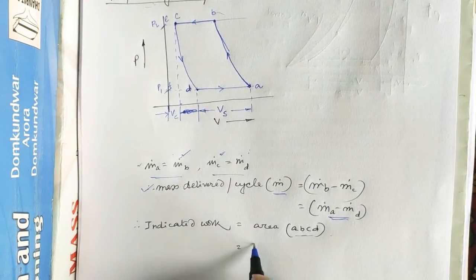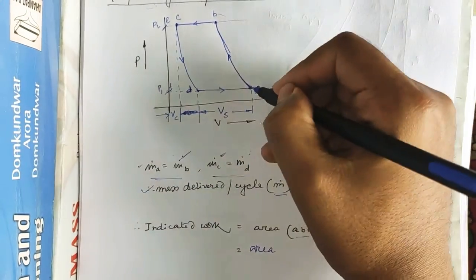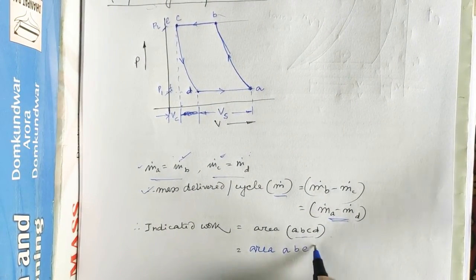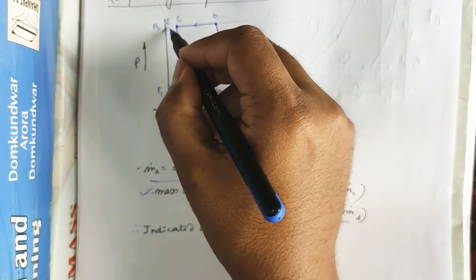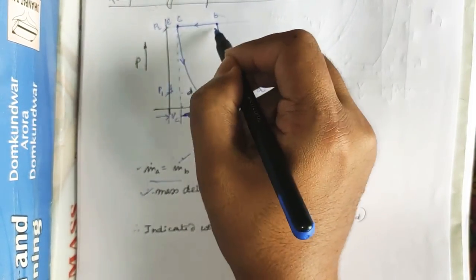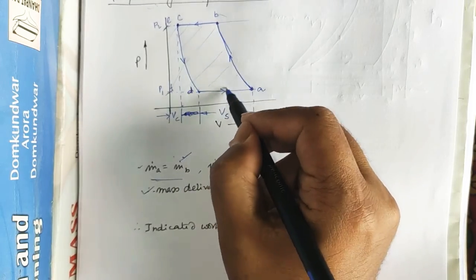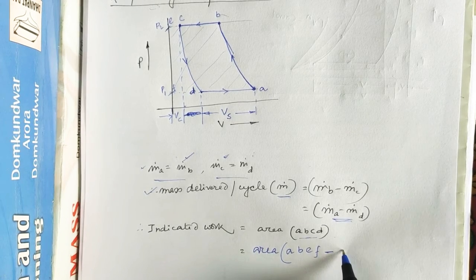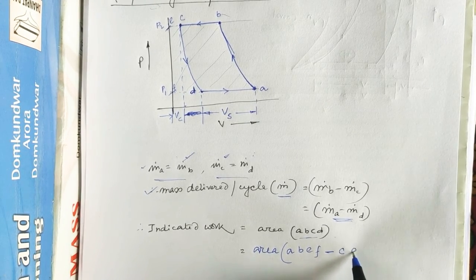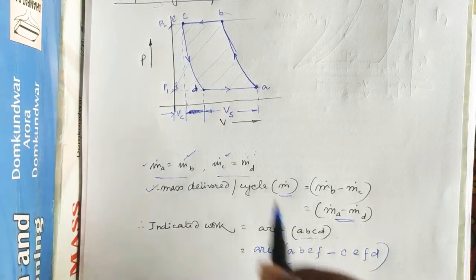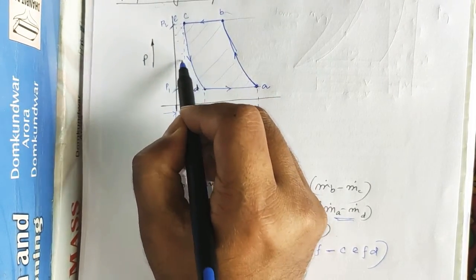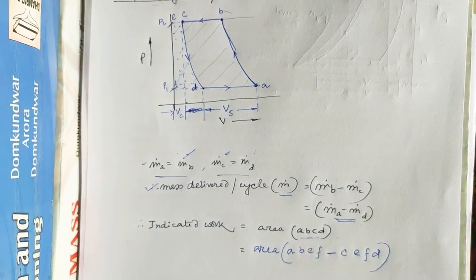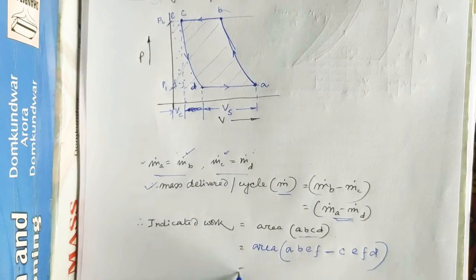So area ABCD can be written as area A, B, E, F, that is the total area, minus area C, E, F, D. That means this portion.